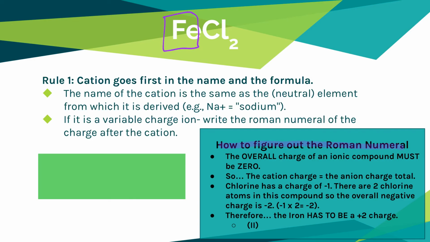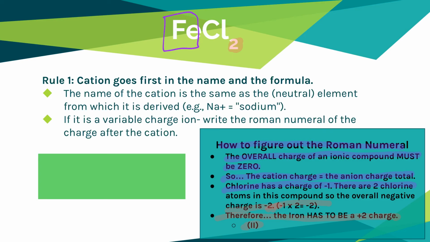The overall charge of an ionic compound must be 0. So the cation charge is equal to the anion charge overall. Here, chlorine has a charge of -1, but there are 2 chlorines, so the overall negative charge is -2. Therefore, the iron has to be a +2 charge, and we use the Roman numeral 2.